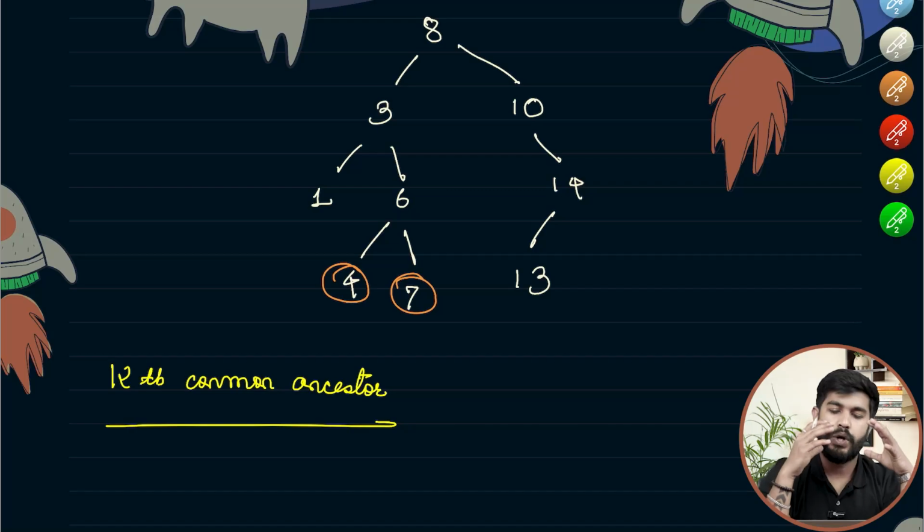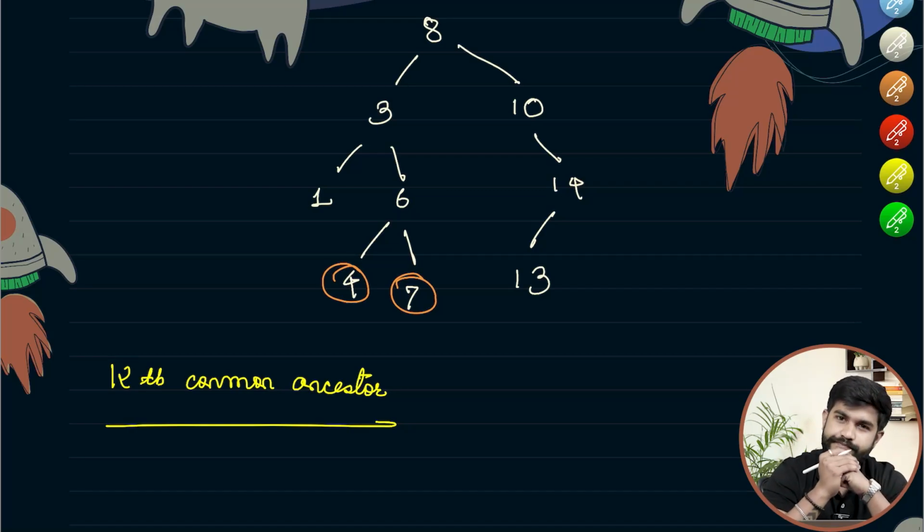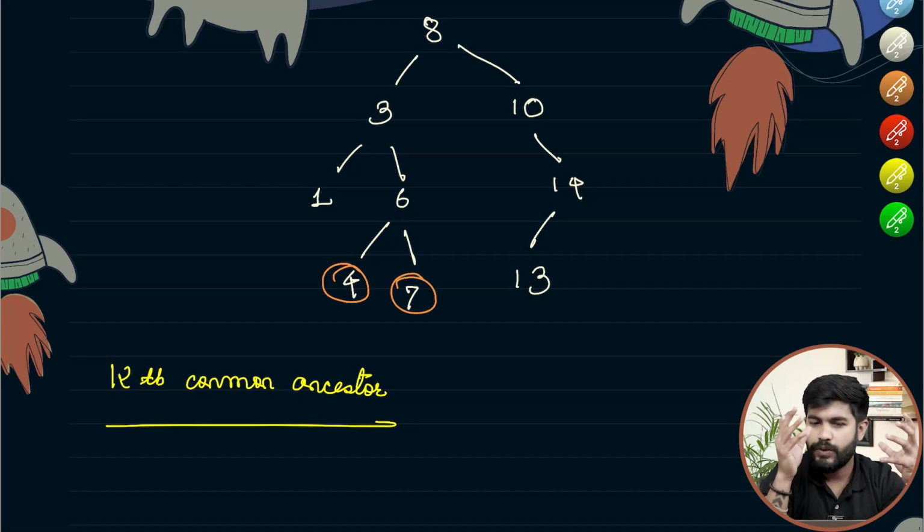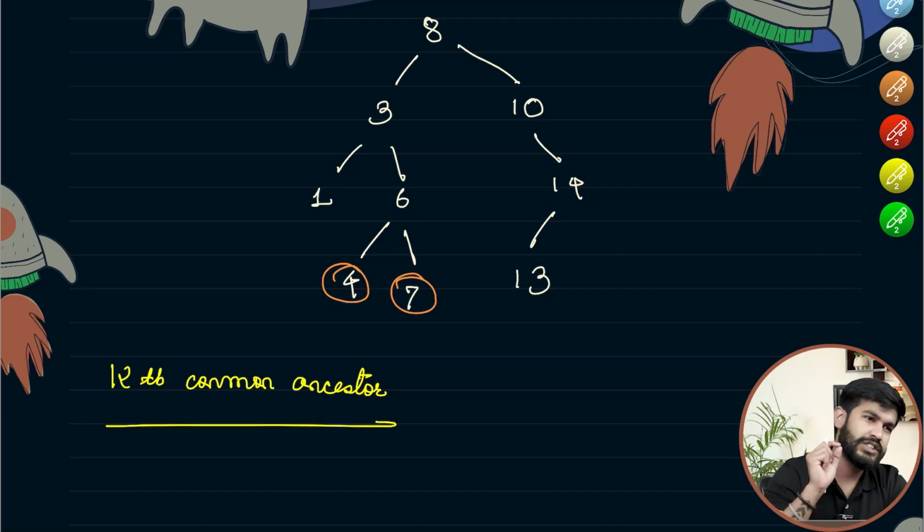So just a quick heads up before this. If you are a person who is not really acquainted to the world of common ancestor, that is lowest common ancestor: by the way, this question is nothing but an extension of lowest common ancestor. There are two different domains of lowest common ancestor.